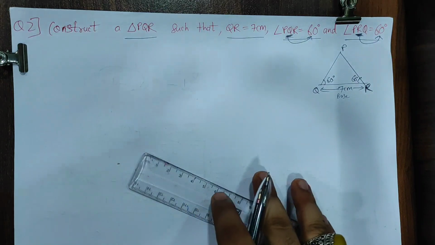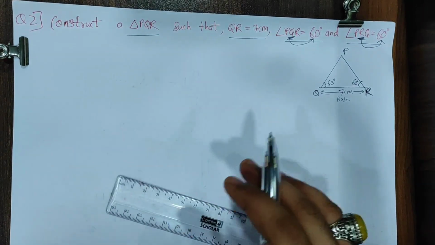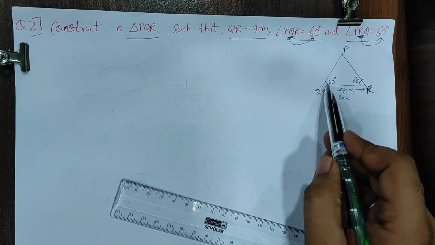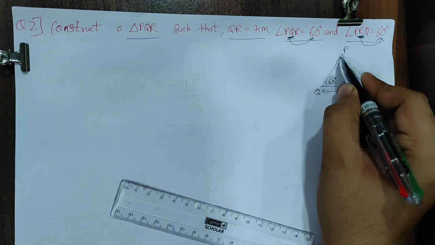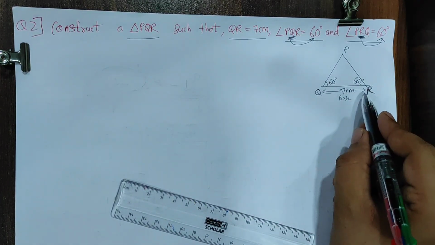So what will be the very first thing? Just to draw the base. And what's the excitement in this question? That we have two angles. It's completely fine. That's the reason there is no dimension given for PQ and PR. First thing is to draw this base QR.